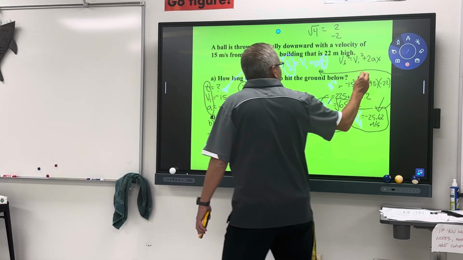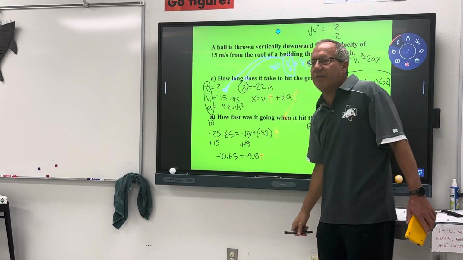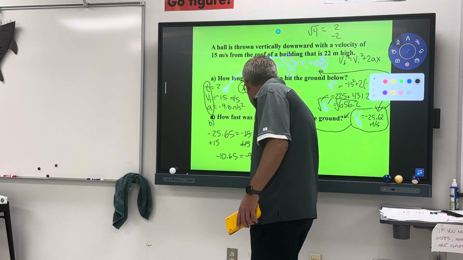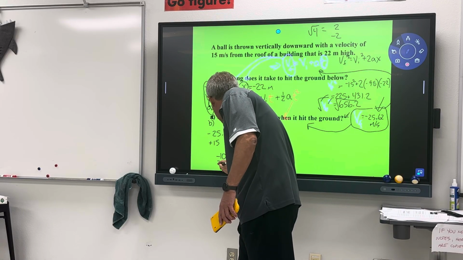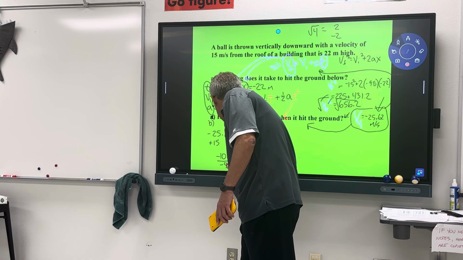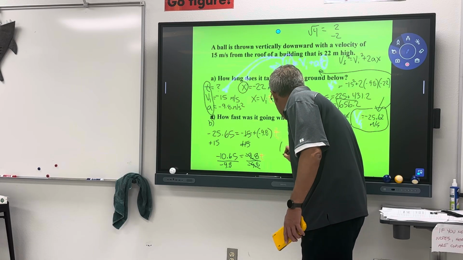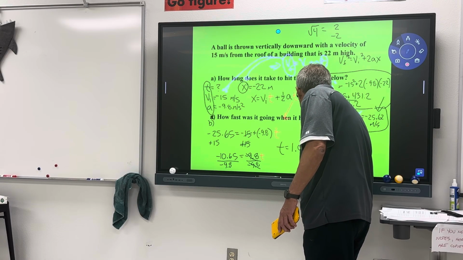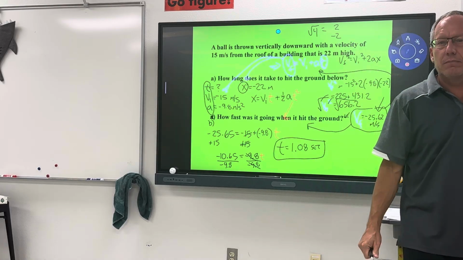And we know with time, it better always calculate out as positive because we cannot have negative time. We are going to divide both sides by negative 9.8. And negative 10.62 divided by negative 9.8 means time is going to equal 1.08 seconds. Does everybody see that?